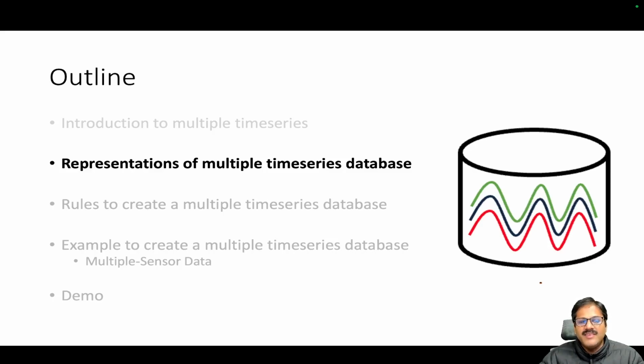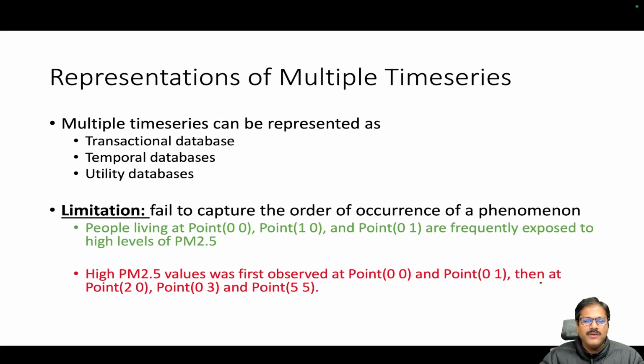Now let us see how we can represent multiple time series databases. In the simplistic sense, a time series data can be modeled as a transactional database, a temporal database, and utility database also. Very simplistic terms. But the problem with these approaches is that we cannot capture the order of occurrence of a phenomenon.